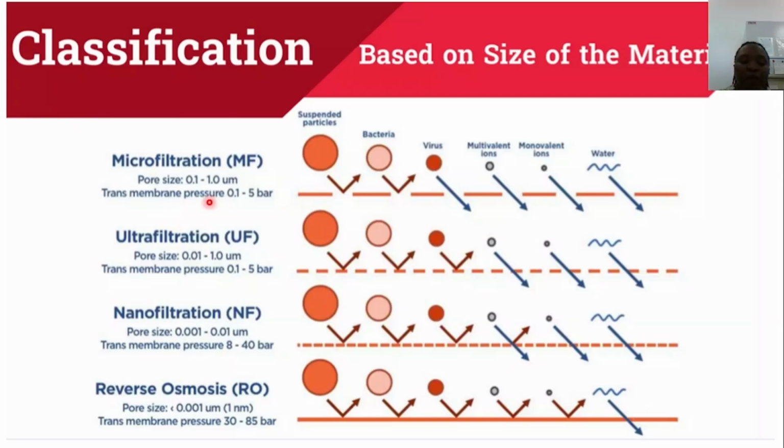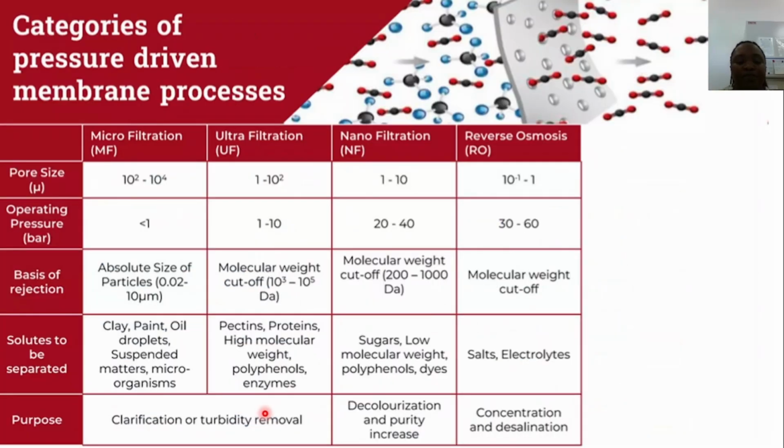And you can see we also apply different transmembrane pressure across these platforms. So there were differences based on pore size, but you also have differences based on pressure, as you can see, the different pressures that are applied. And of course, what kind of solutes can be separated.